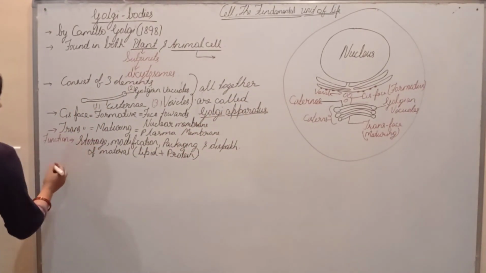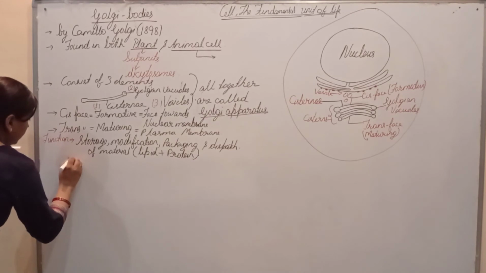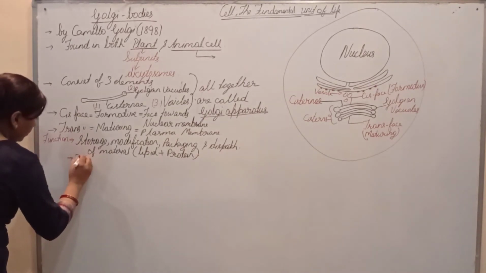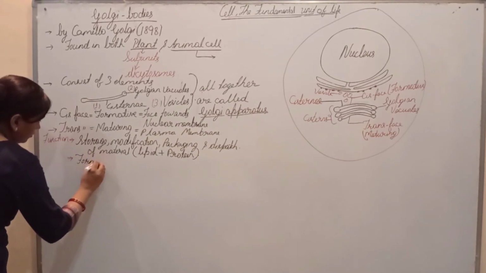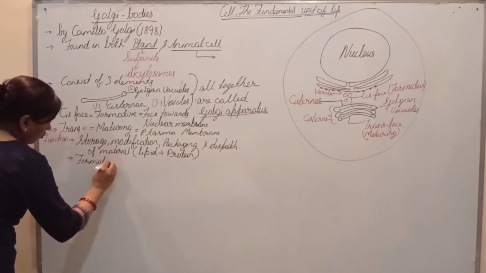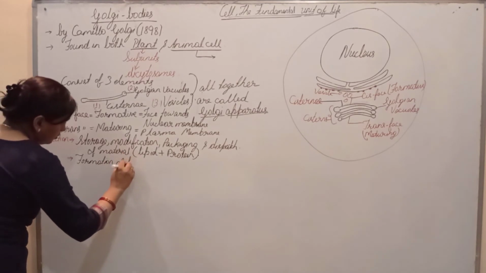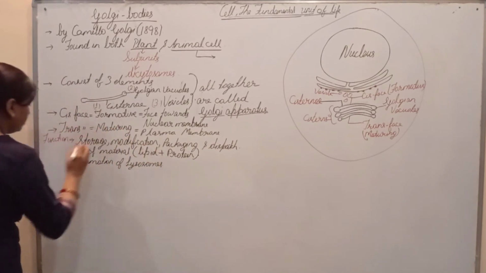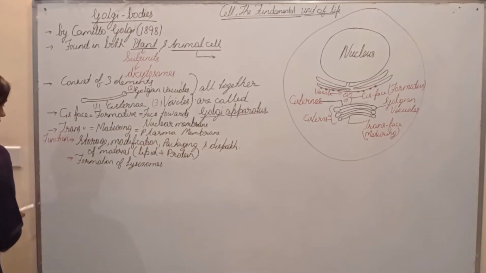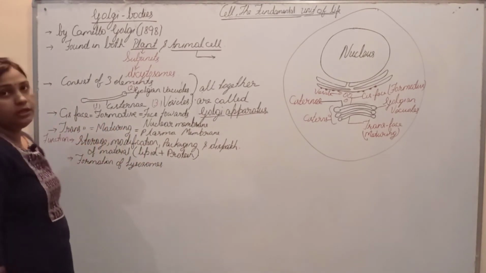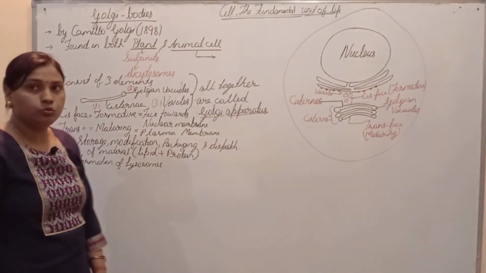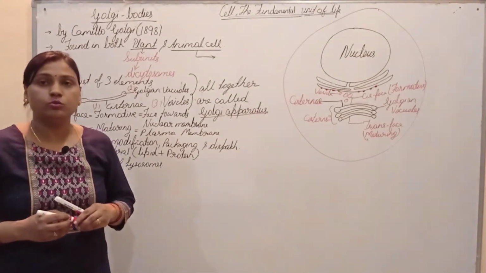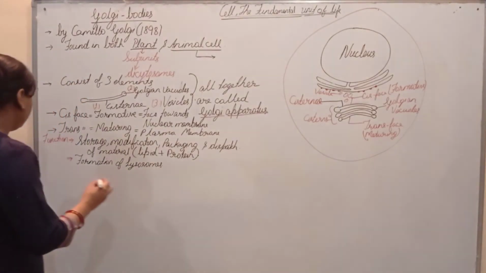The next function of the Golgi body is that it helps in the formation of lysosomes. Lysosomes are also important cell organelles, also called the suicidal bag of the cell.